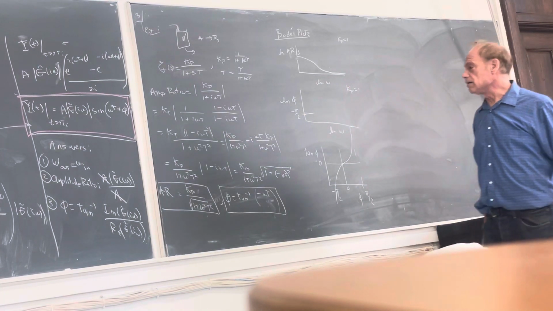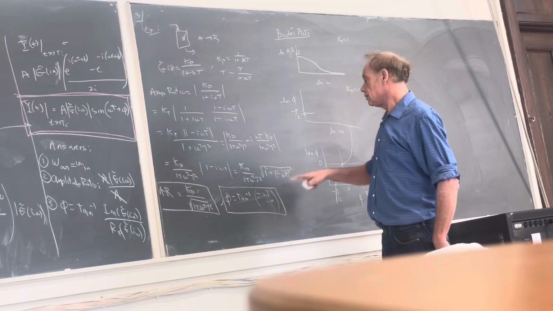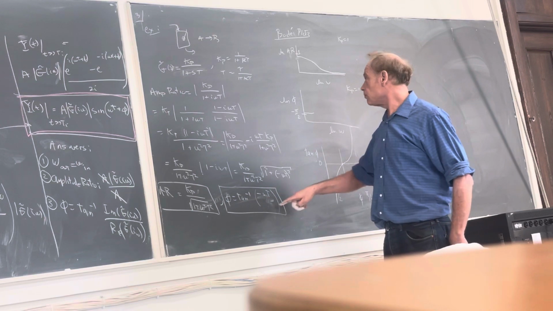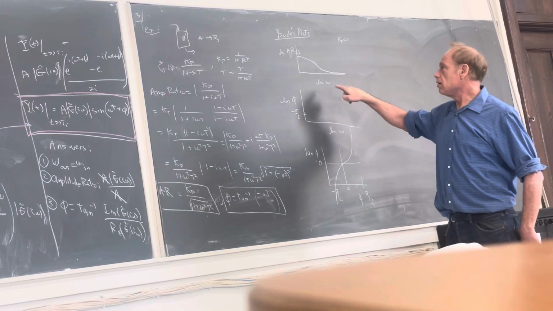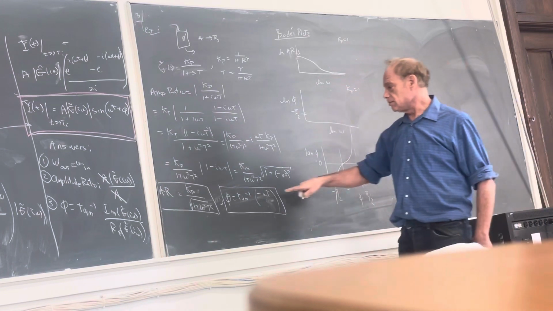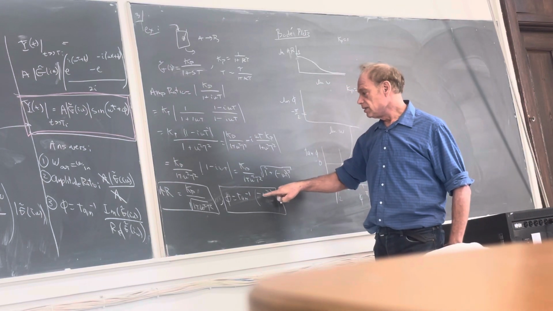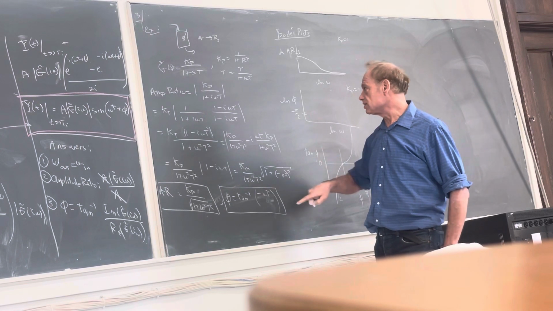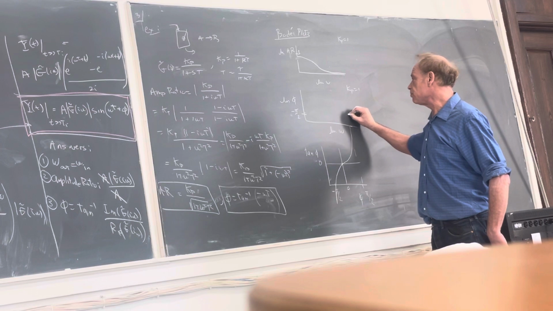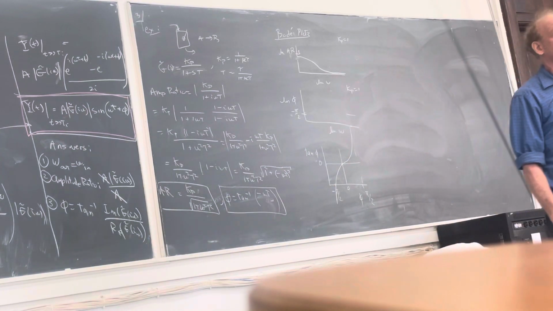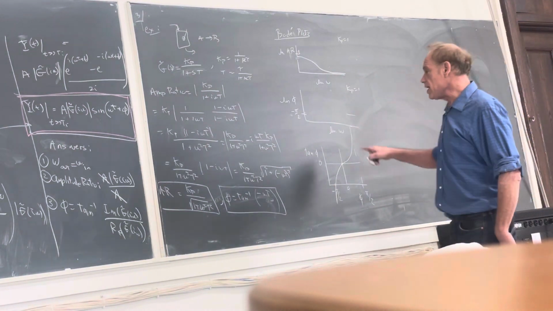And when omega goes to infinity, this becomes minus infinity, and the arctangent is minus pi over 2. So I know out here, I'm going to go to minus pi over 2. That's my asymptote. How about when omega is 0?